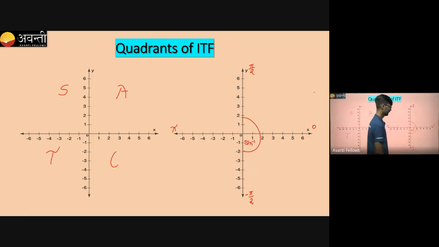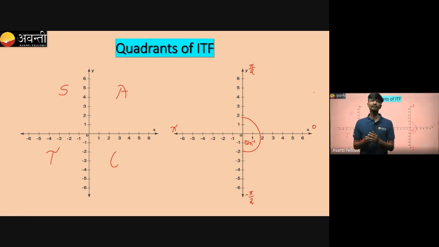Sine inverse, sorry. So this means that sine inverse covers which quadrants? First and fourth. Now I am discussing in great detail for sine inverse; the rest you'll tell me the answer. So for sine inverse, first quadrant and fourth quadrant.